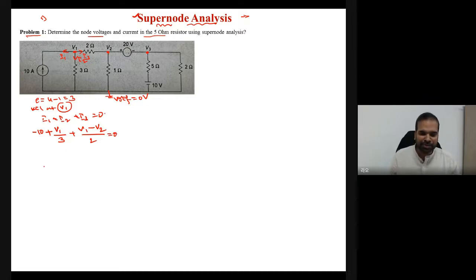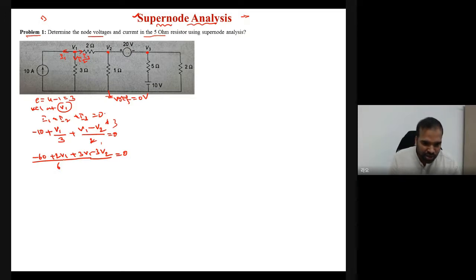Now you need to simplify this equation. What is the LCM? 6. So 6 into minus 10 is minus 60, plus if I write 6 here, 2V1, plus 3V1 minus 3V2 equal to 0. You always need to write V1 terms, V2 terms, V3 terms and the constant.